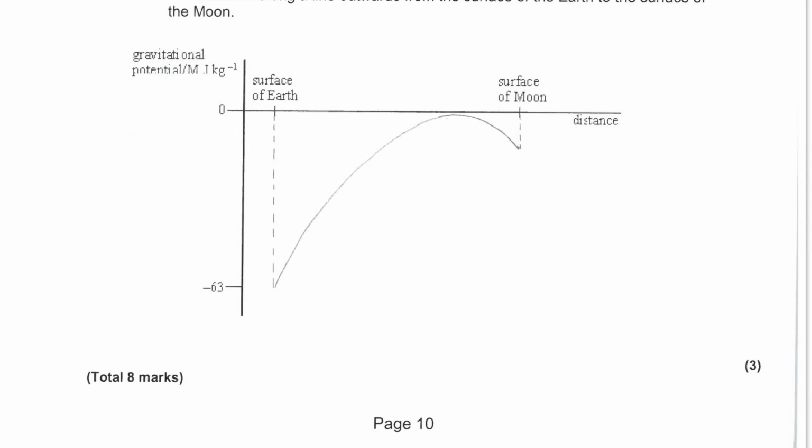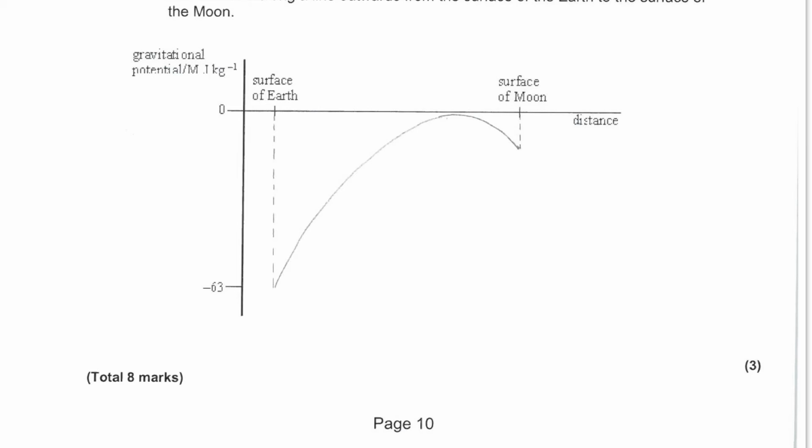Finally, a graphical part to this question. So sketch a graph on the axis below to indicate how the gravitational potential varies with distance along the line outwards from the surface of the Earth to the surface of the Moon. Now it's worth considering these 2 contributors separately first in your mind, and then try to imagine how the 2 potentials will add together.